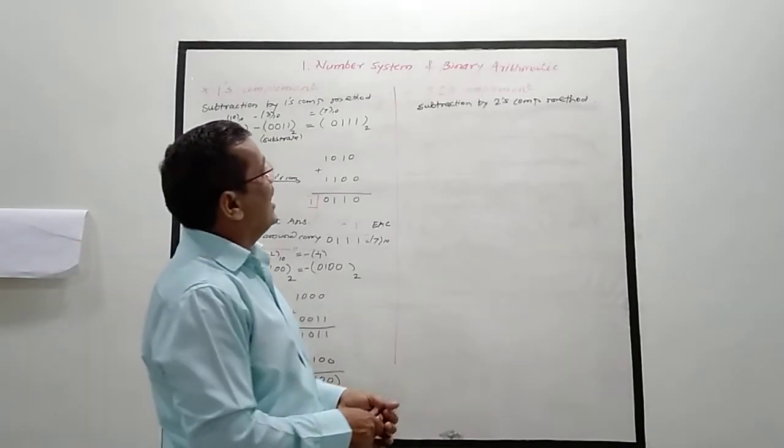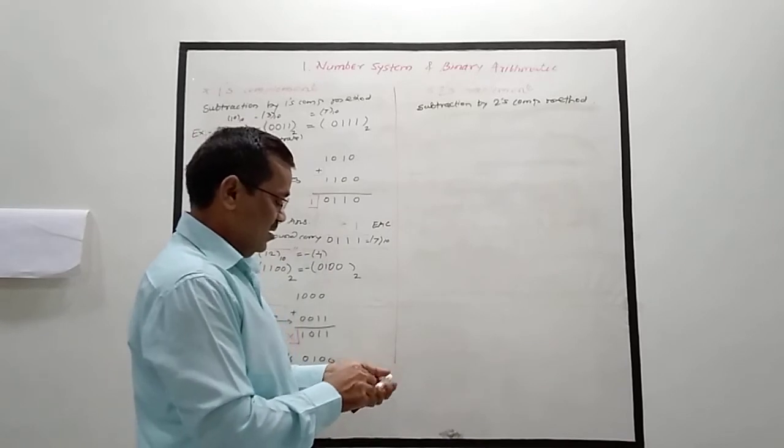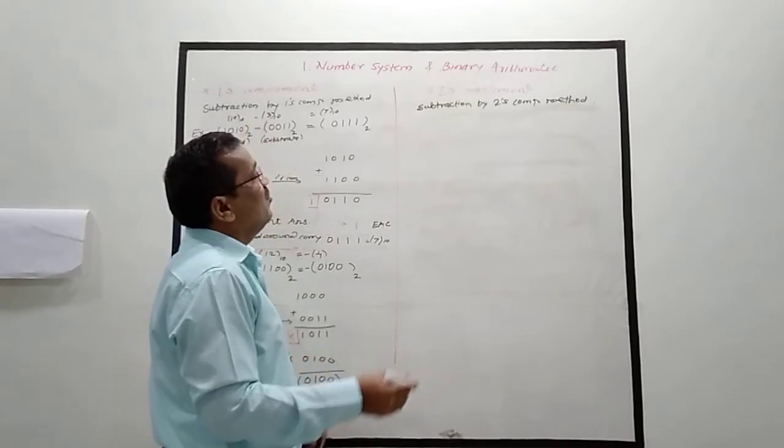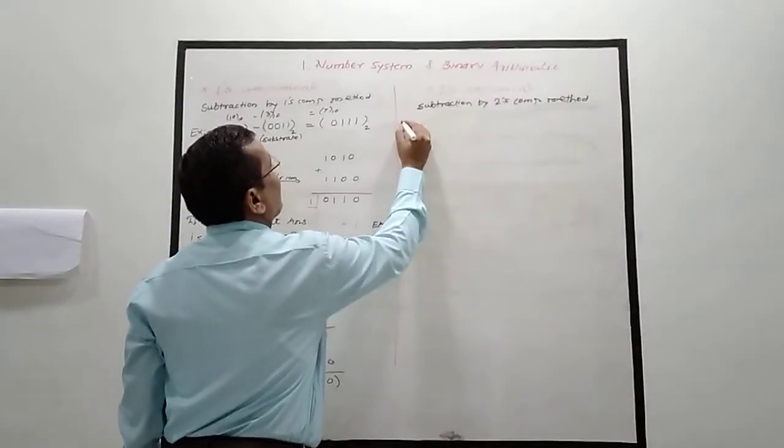Now, another method of subtraction is a method of twos complement. Take one example.